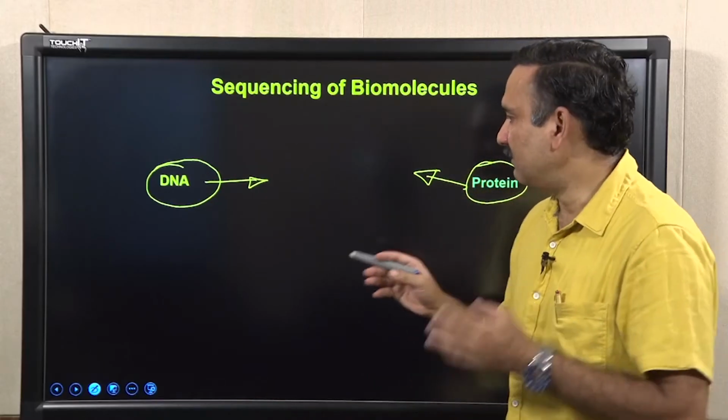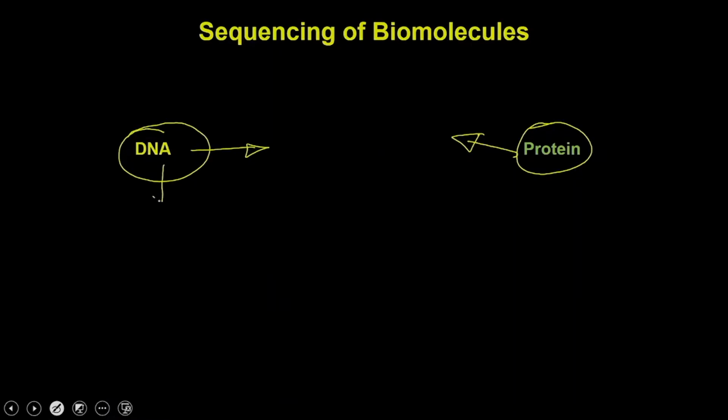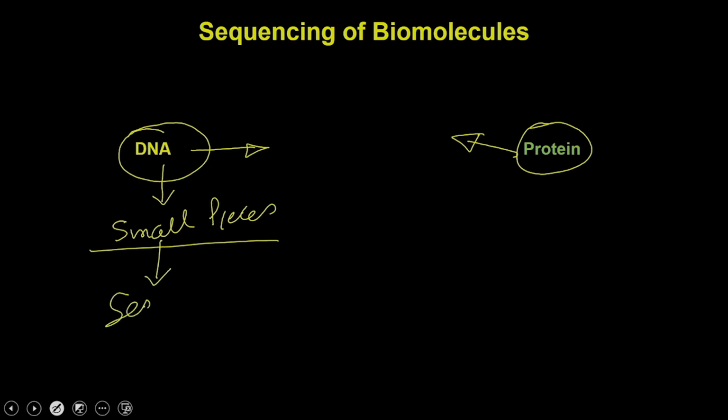For example, the first step is that you have to break the DNA into small pieces. If the DNA is very large, you have to first break it into small pieces, and then you are going to perform the sequencing reactions.